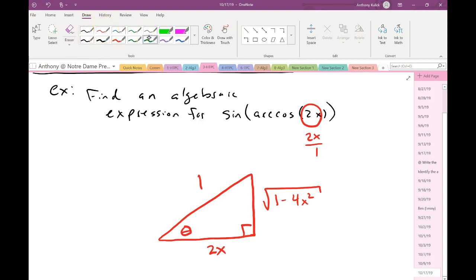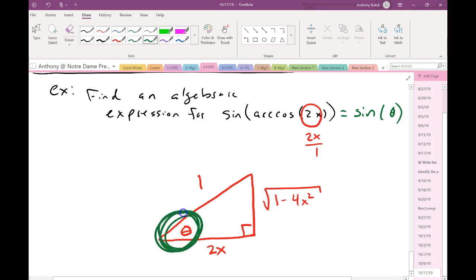So what I can say then is that this is just sine of theta. Which theta? This specific theta from this specific triangle. How do I calculate sine? Opposite over hypotenuse. So that's going to be square root 1 minus 4x squared divided by 1, or just square root 1 minus 4x squared.